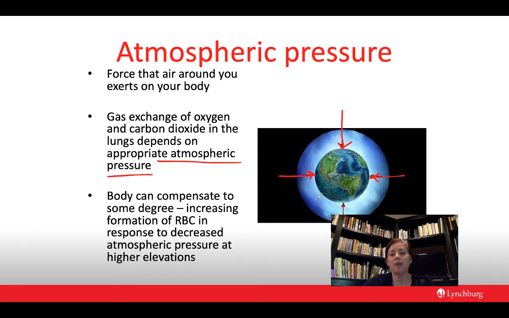We need that atmospheric pressure in order to drive oxygen from the atmosphere into our lungs and into our bloodstream to be circulated throughout our body. On the flip side, we need to get rid of carbon dioxide, so we have pressure gradients between carbon dioxide in our body and outside the body that drive movement of carbon dioxide out of our body so that we can get rid of it.